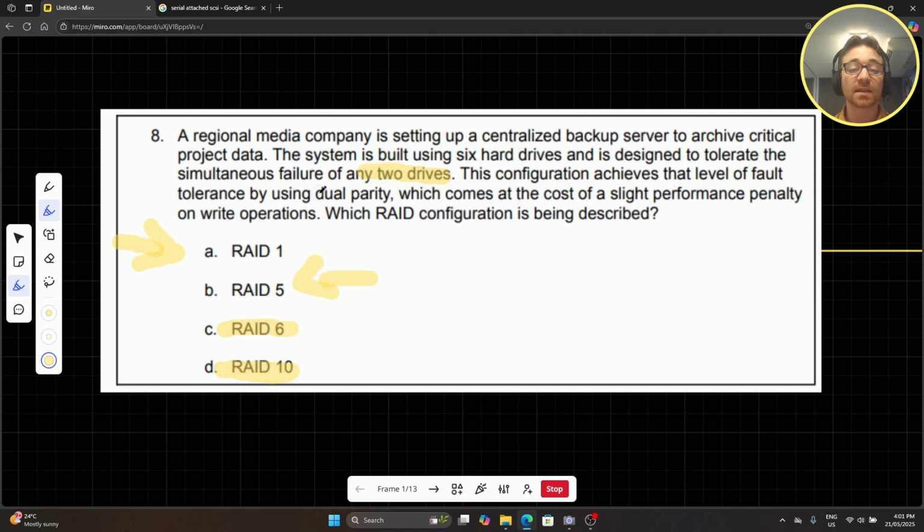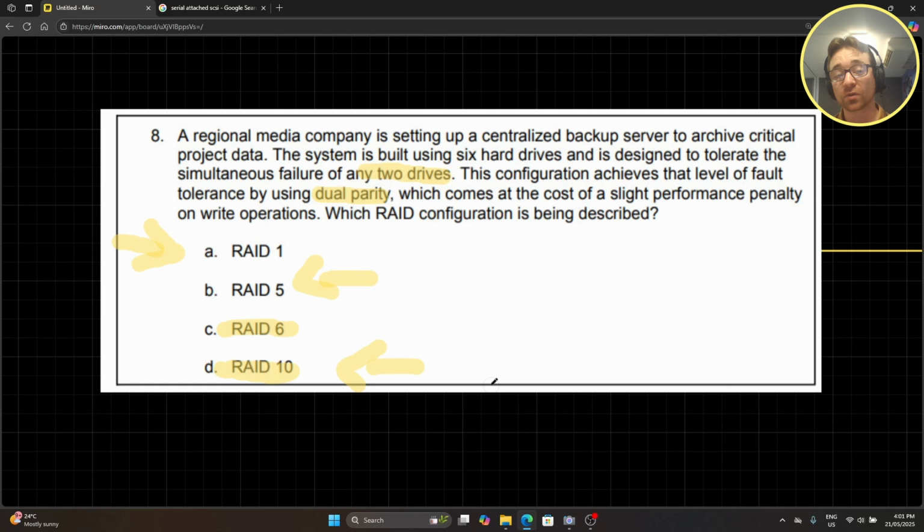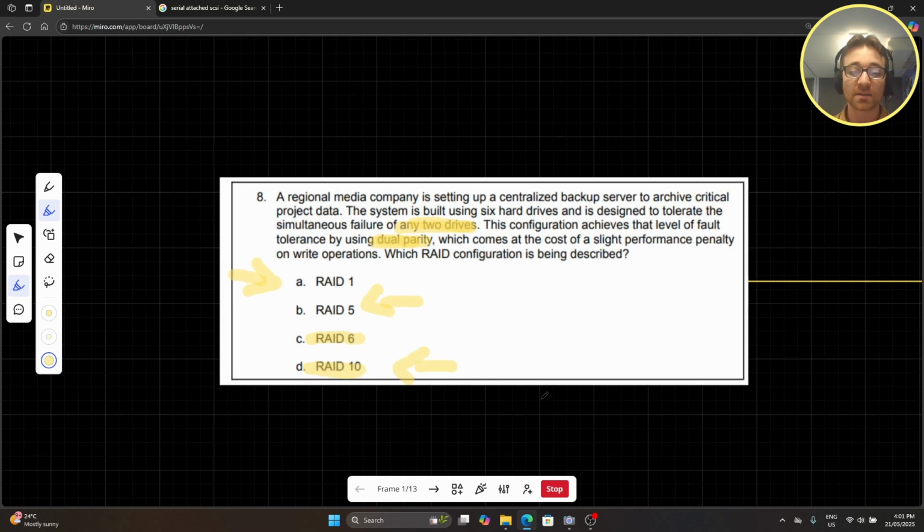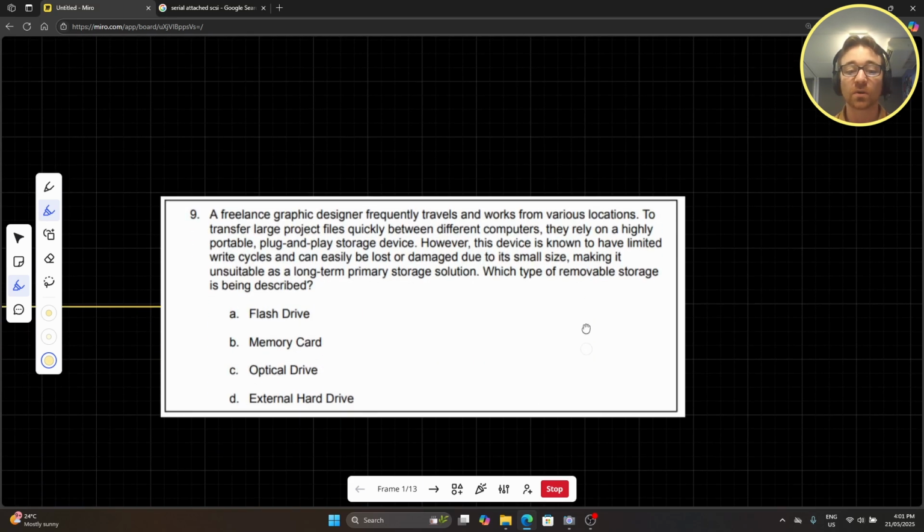Finally, it says that it uses dual parity. RAID 10 does not have any level of parity bits. Remember, they just copy data onto 2 different drives and they split that data across all 4 of those drives. But RAID 6 uses parity. So based off of just this information, RAID 6 was our giveaway if we know our RAIDs. If you got that wrong, that's okay. That can be a tricky one.